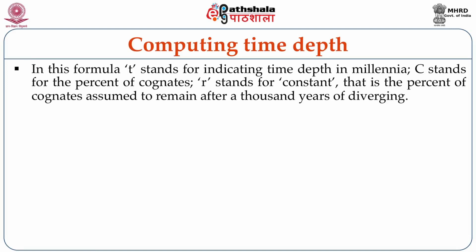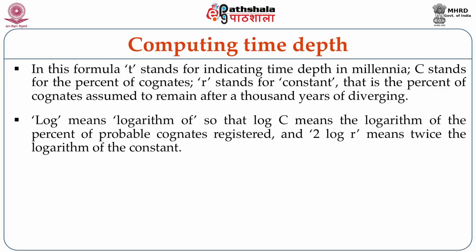R stands for the constant, that is the percent of cognates assumed to remain after 1,000 years of diverging. Log means logarithm of, so that log C means the logarithm of the percent of probable cognates registered, and 2 log R means twice the logarithm of the constant.